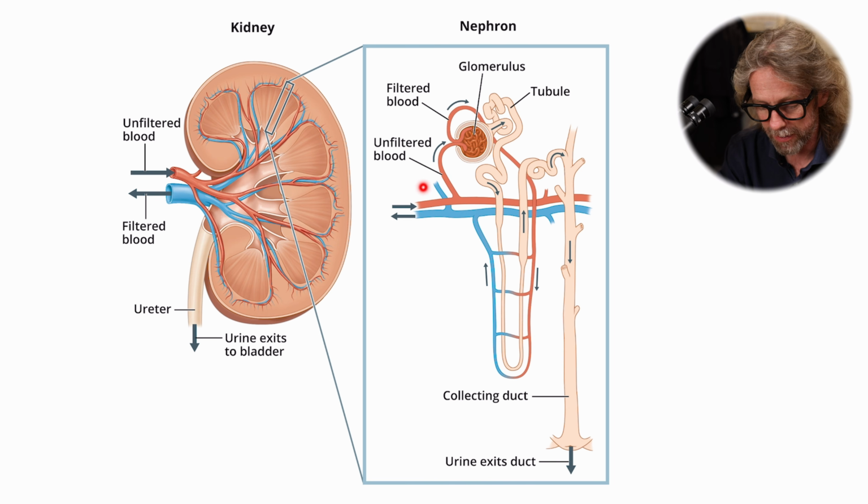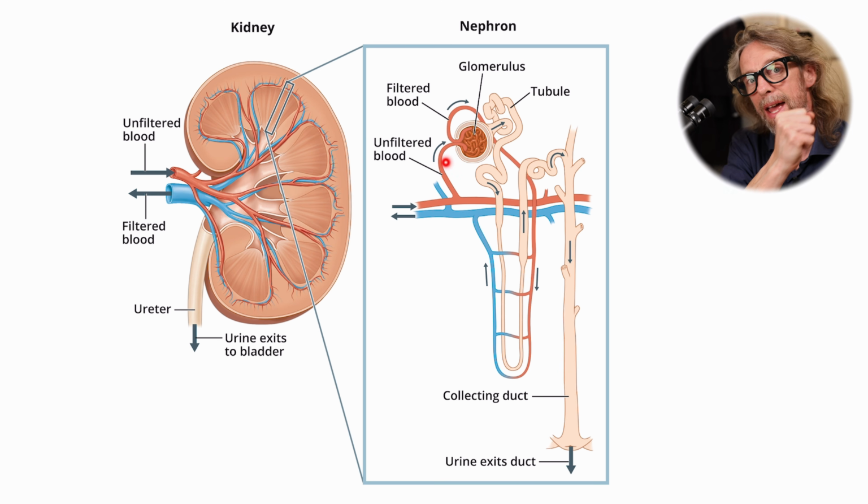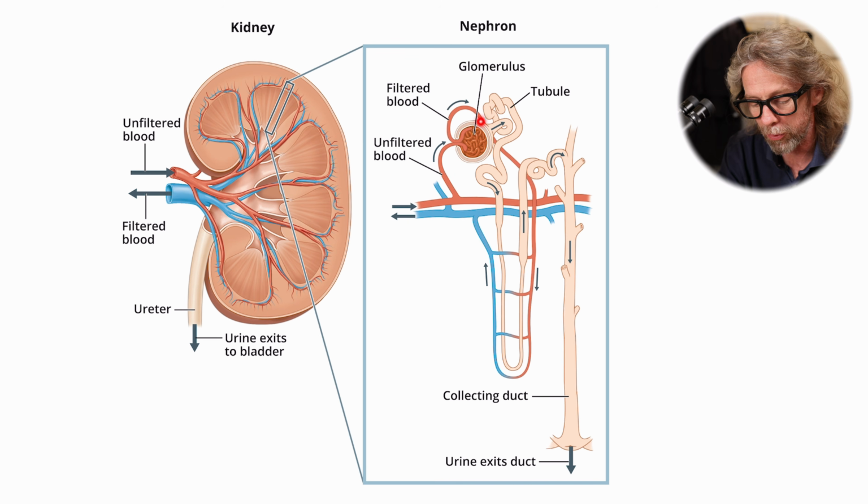The blood is passed through this capillary ball, the glomerulus, and fluid and molecules can pass out, and then they pass into essentially the tubule. So this is the first part of the renal tubule. This gets called the Bowman's capsule or the glomerular capsule, and the fluid is leaking into a space here, and the small molecules are leaking into a space.